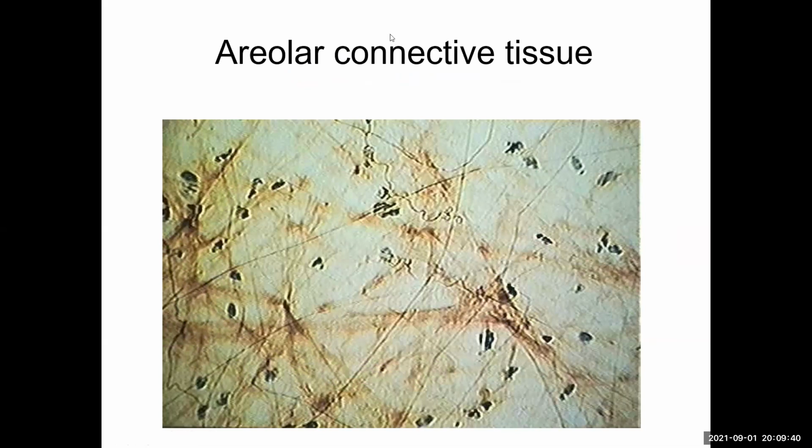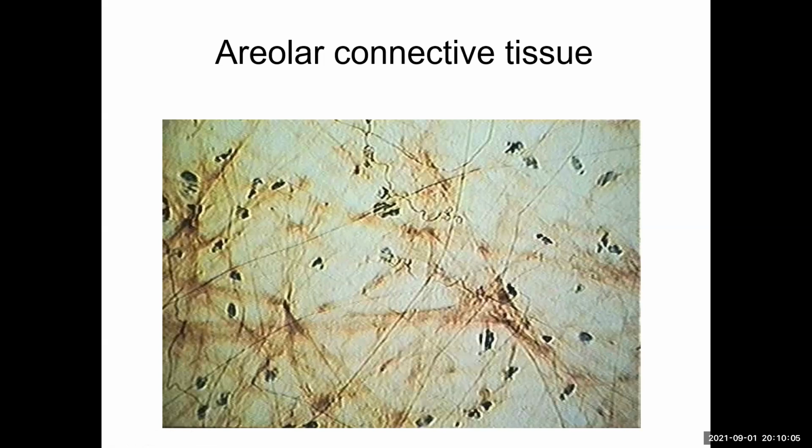And if you recall, there's three types of connective tissue. Just to review, the first type is connective tissue proper. The second type is supporting connective tissue. And the third type is fluid connective tissue. So we're going to look at connective tissue proper now.